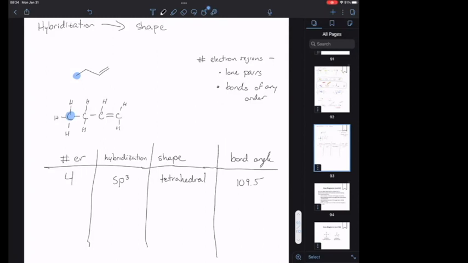I will find a picture here in a second because it will help to see a 3D image.